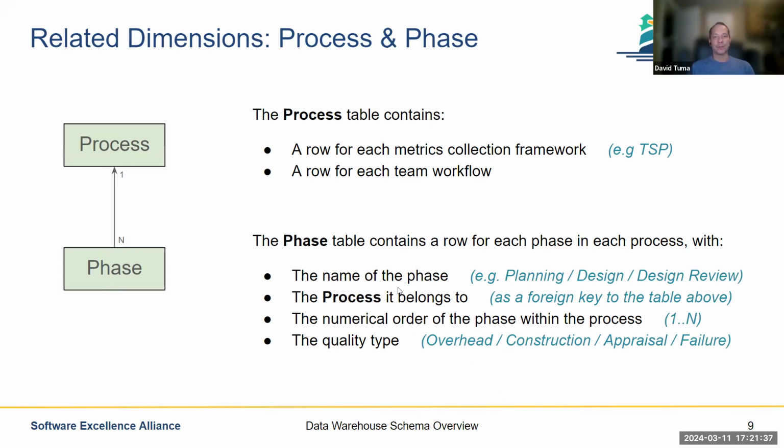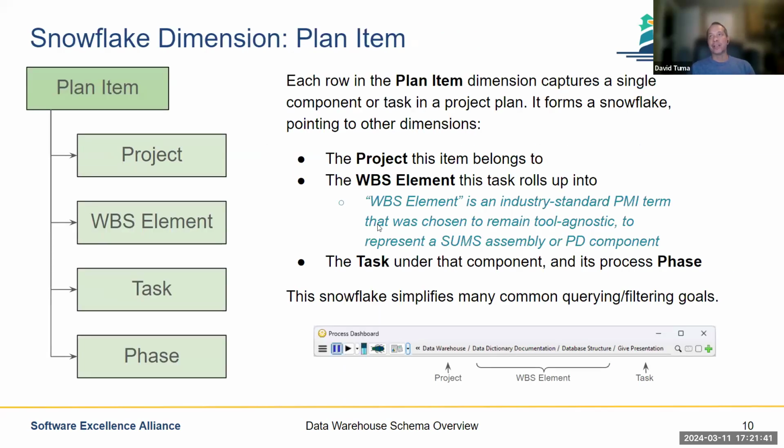Okay, moving right along. The next super important dimension is what I call the plan item. And this is a snowflake dimension. So each row in the plan item dimension captures a single component or task in a project plan. So if you think of any component or task in a project plan, that one task creates a single row in the plan item, or a component creates a single row in the plan item dimension.